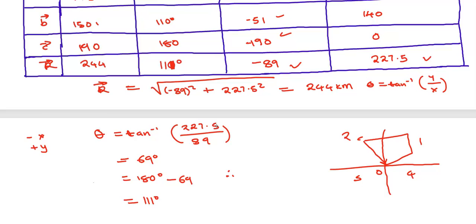the location, town C, was located 244 kilometers away. Then we talk about the direction, 111 degrees. The direction west of what?